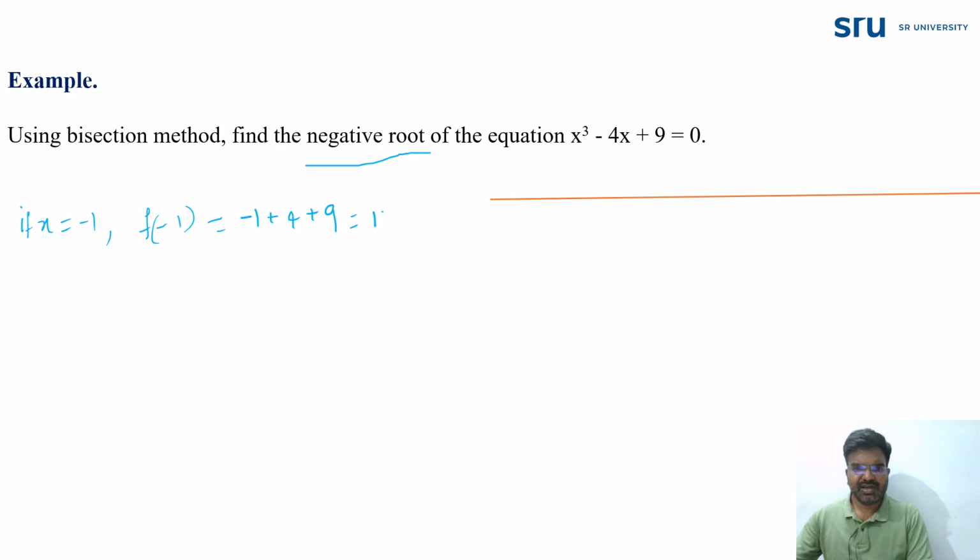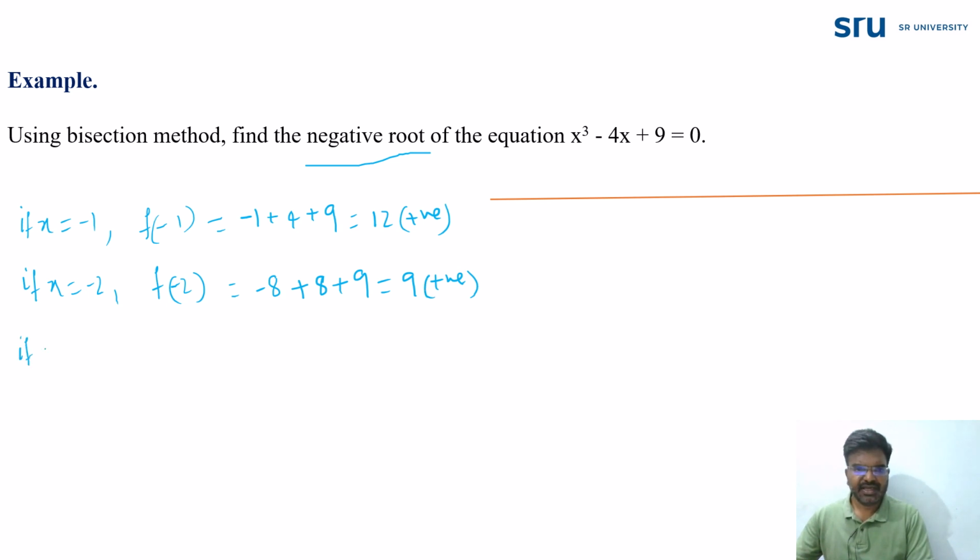The value is 12. It is positive. Next, x equal to -2. So f of -2 equals to -8 plus 8 plus 9. It is 9. Again, it is positive.